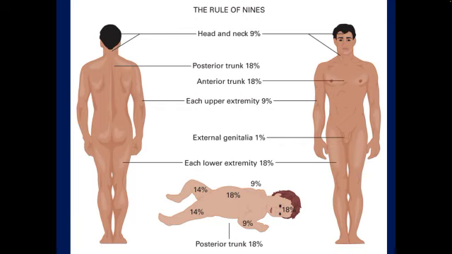And then as you get down to the legs and feet, it gets less and less. So you should study this, and you should be able to factor approximately how much second or third degree burn the person might have. We don't count superficial or first degree burns in this factor, only second and third degree burns.